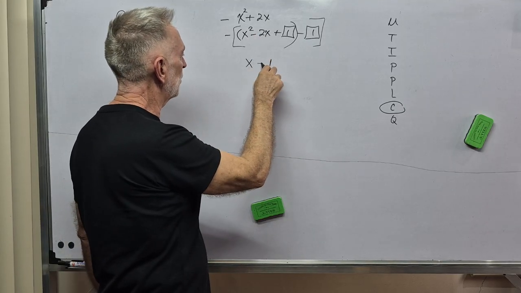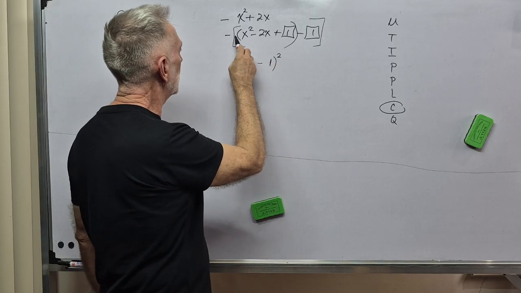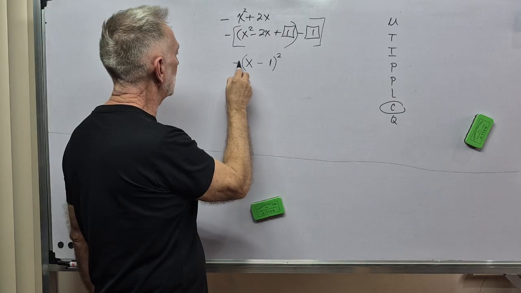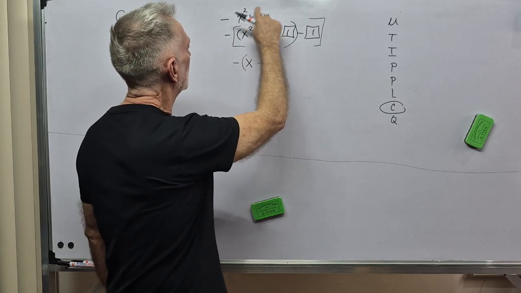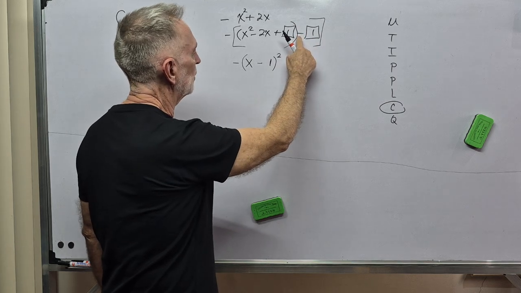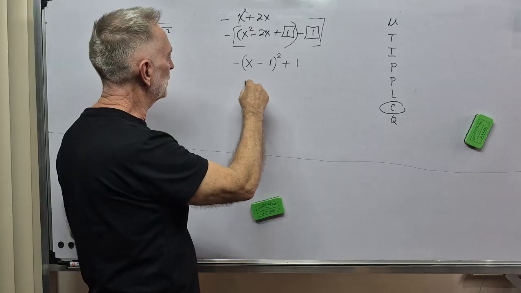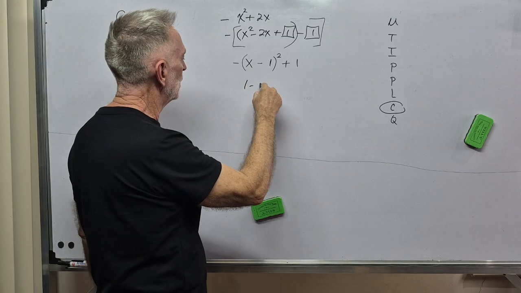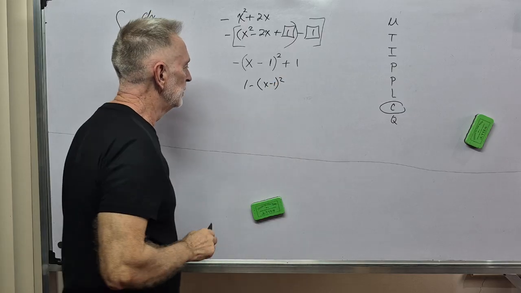Since it's a negative, I'll put negative. So that's x minus 1, parentheses squared. Now it has a negative sign in front of that, minus all of this. Minus this negative 1 gives me a positive 1. So I'm going to flip this around: 1 minus the parentheses of x minus 1 squared.